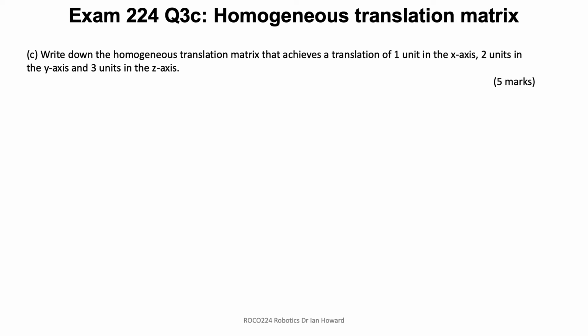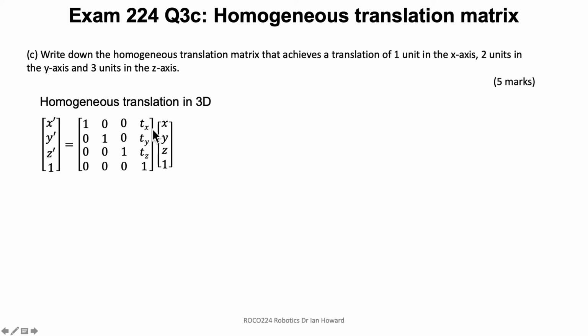Now it's asking us for the translation matrix in homogeneous form that will achieve a displacement of 1 in x, 2 in y and 3 in z. The form of the translation matrix in homogeneous form has the rotational part, a 3x3, just being the identity matrix because it's not going to rotate anything at all.